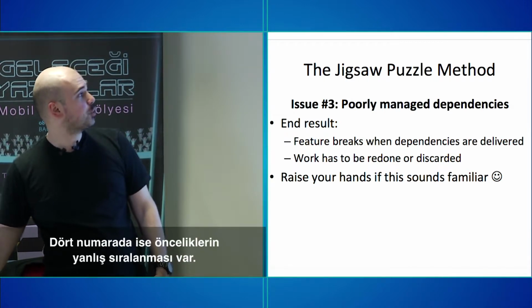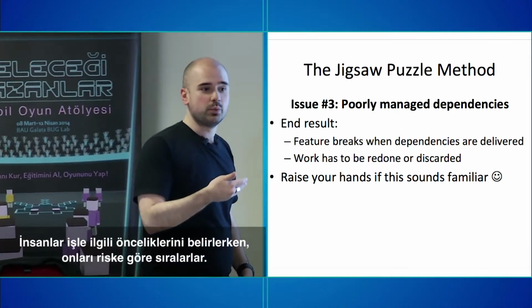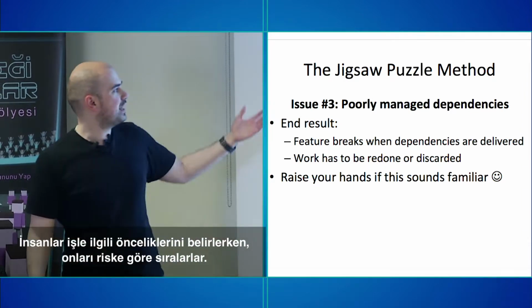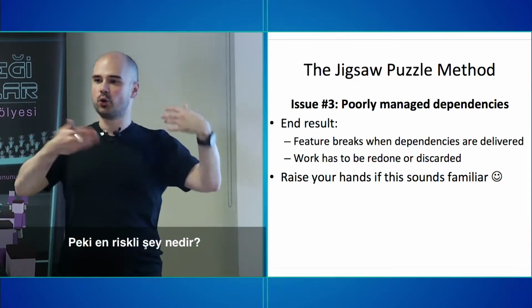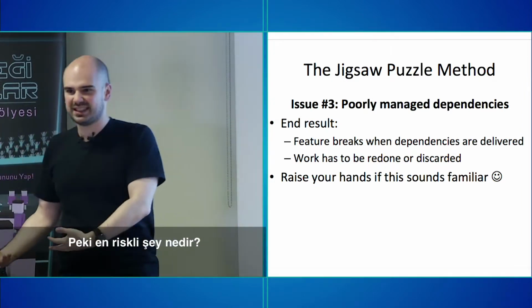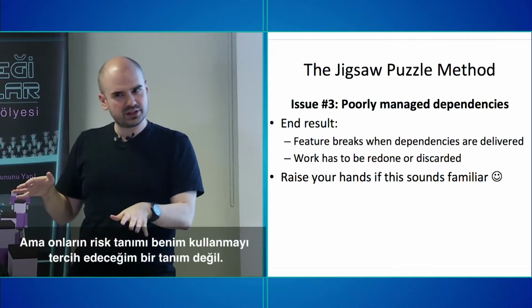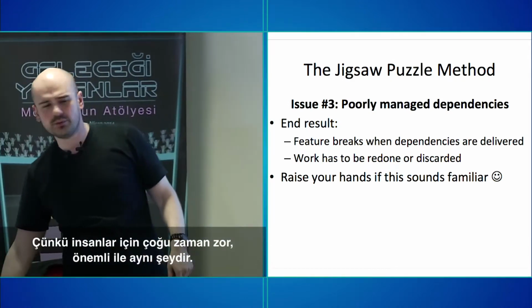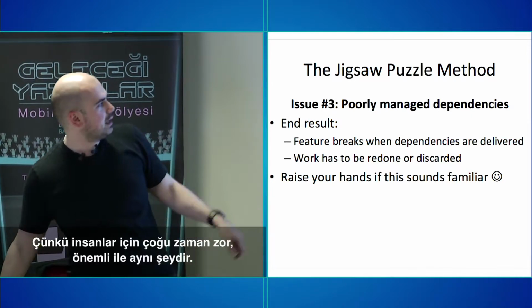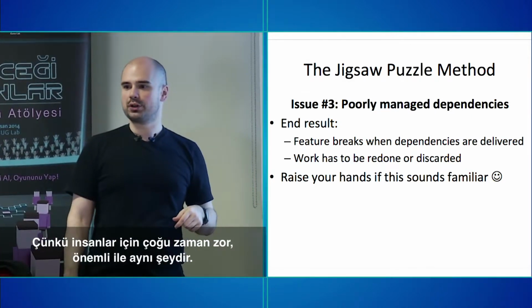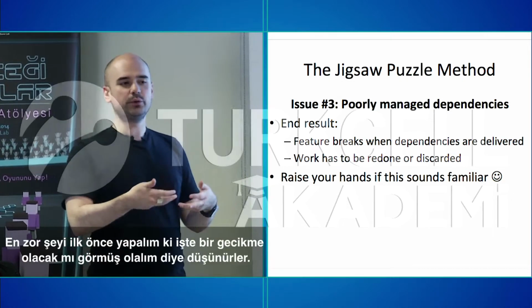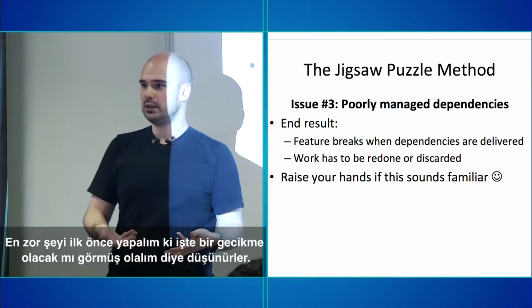And then number 4, incorrect prioritization. So when people make their priorities, they prioritize work in order of risk. So what is the riskiest thing? But their definition of risk is not really the one that I would use, because oftentimes people say difficult is the same as important. Let's do the most difficult thing first, right?